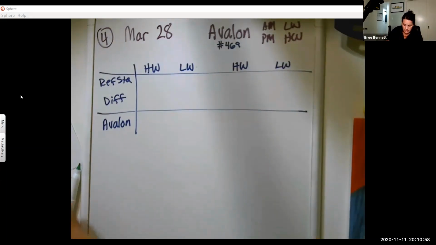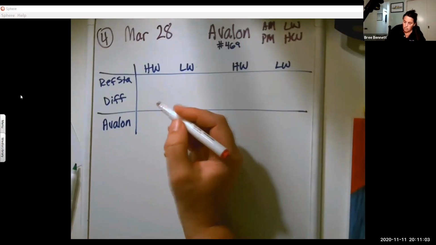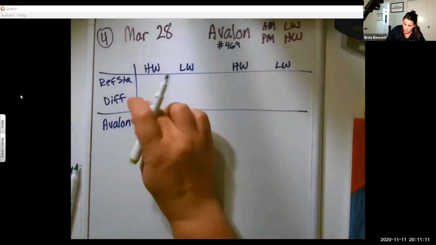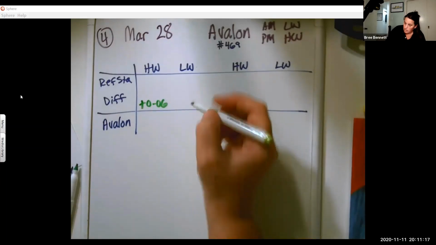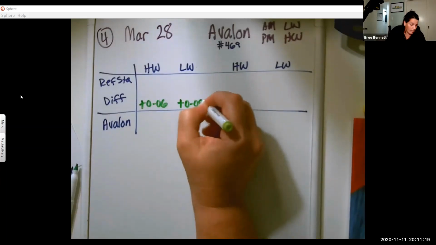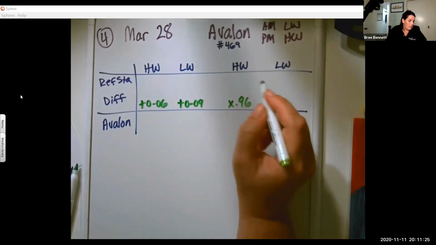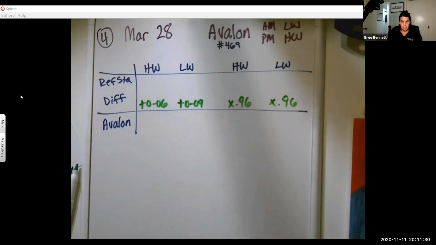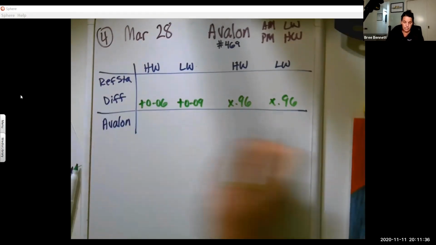Okay, so my differences for Avalon are going to be plus 0.006, plus 0.009, multiply 0.96 and multiply 0.96. So I just copied those Avalon differences from table 2.